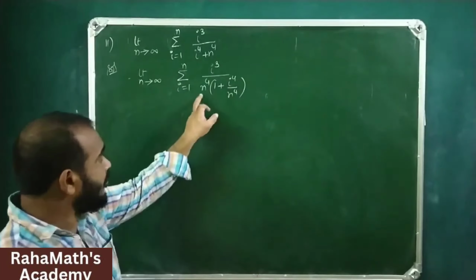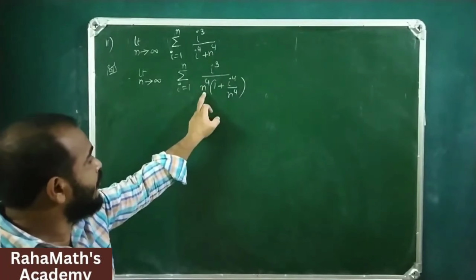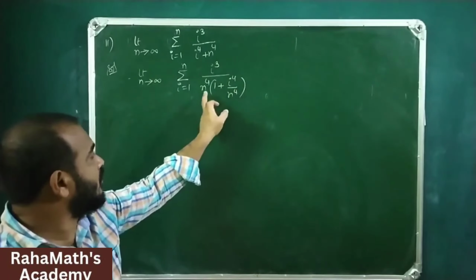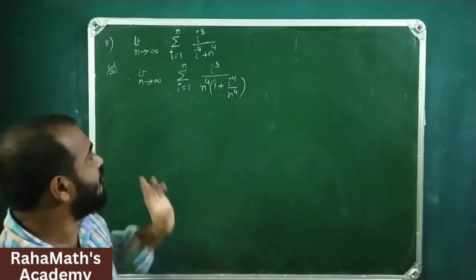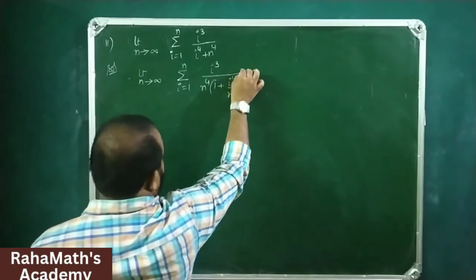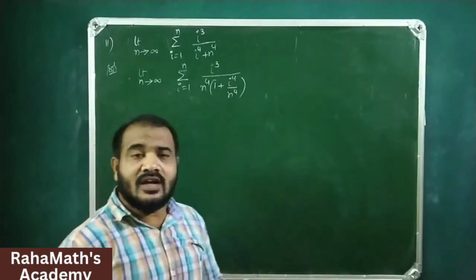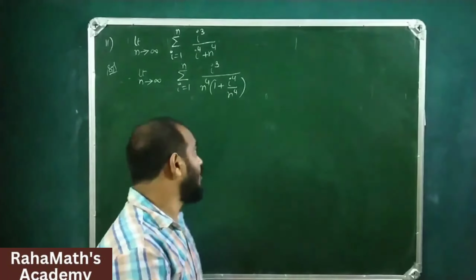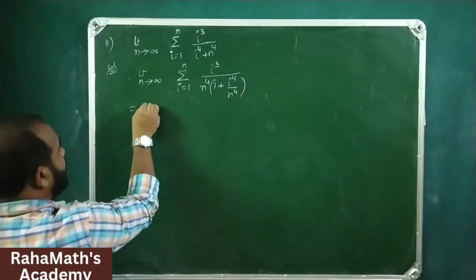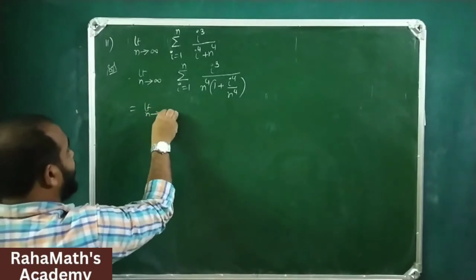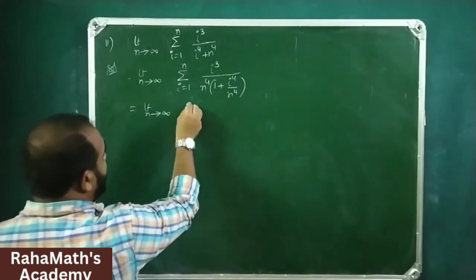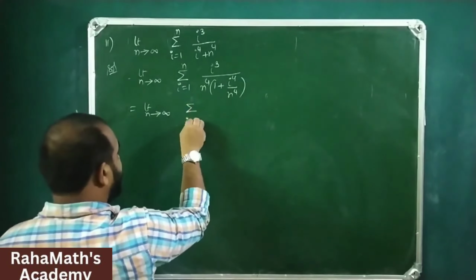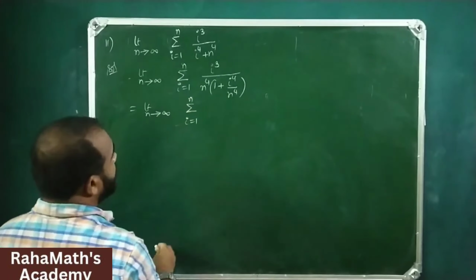If you multiply n power 4 into 1 and n power 4 into i power 4 by n power 4, this gets cancelled, i power 4 is left. So instead of r, here he has given i, that is the difference.